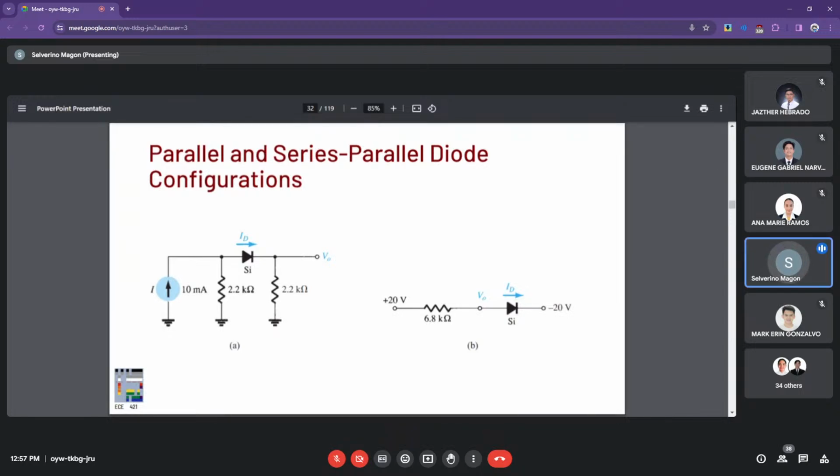Or I'll ask the other question around. Can I see a show of hands if you haven't encountered this before, the current source device? Again, can I see a show of hands if you have not encountered this device before, or if you're not familiar with this? Anyone?